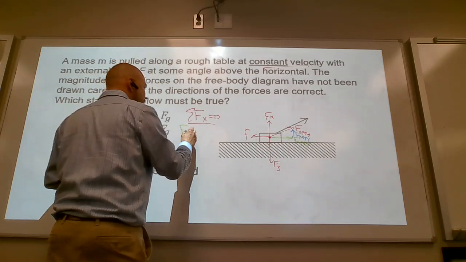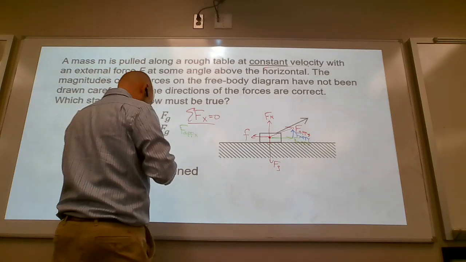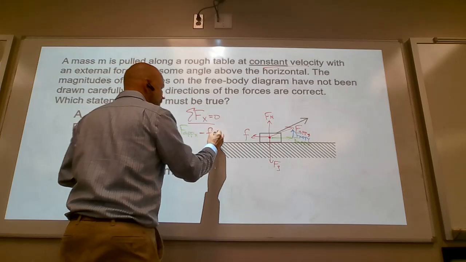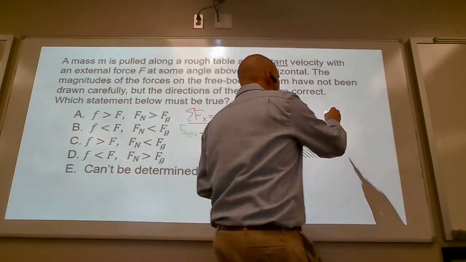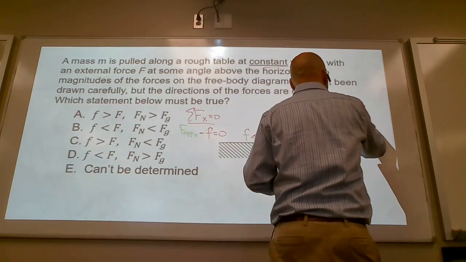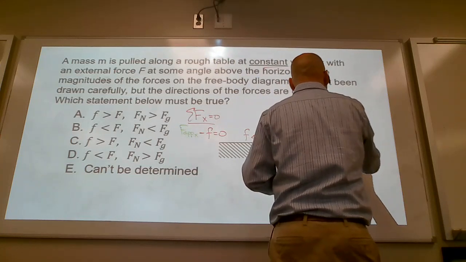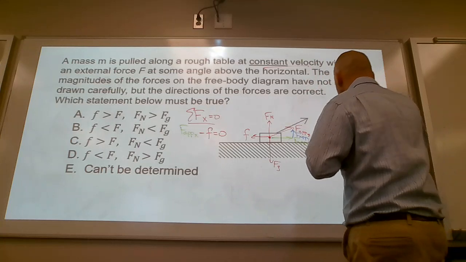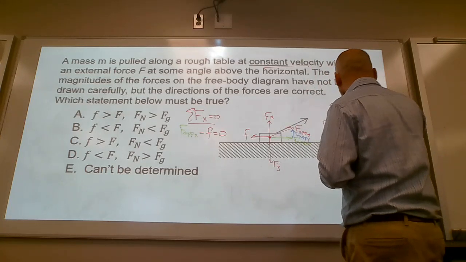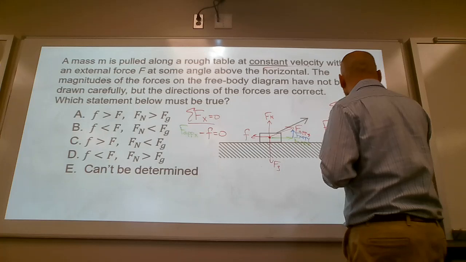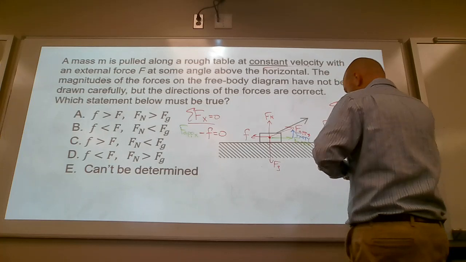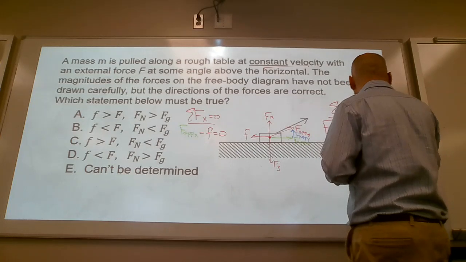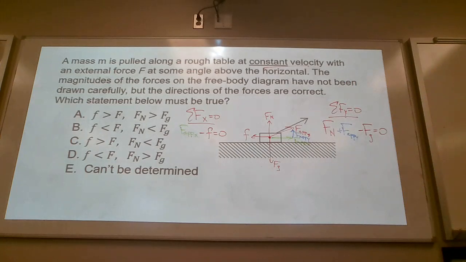You have applied force in the x minus friction is equal to 0. And in the y direction, you have normal force plus applied force in the y direction minus gravity, force gravity equals 0. So that's your setup.